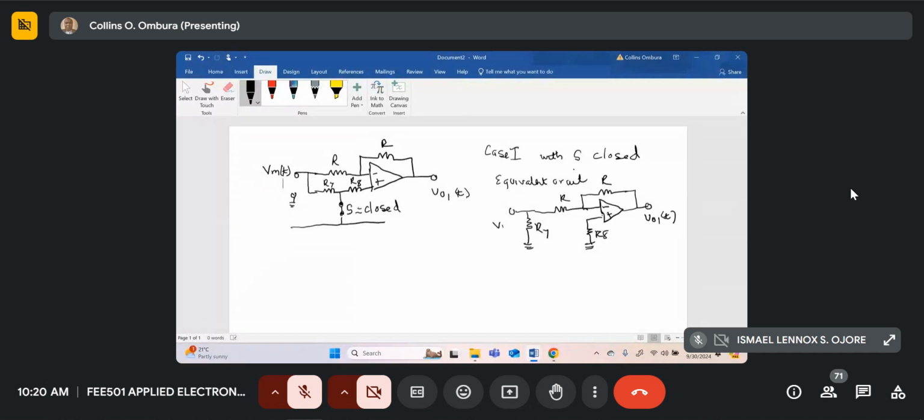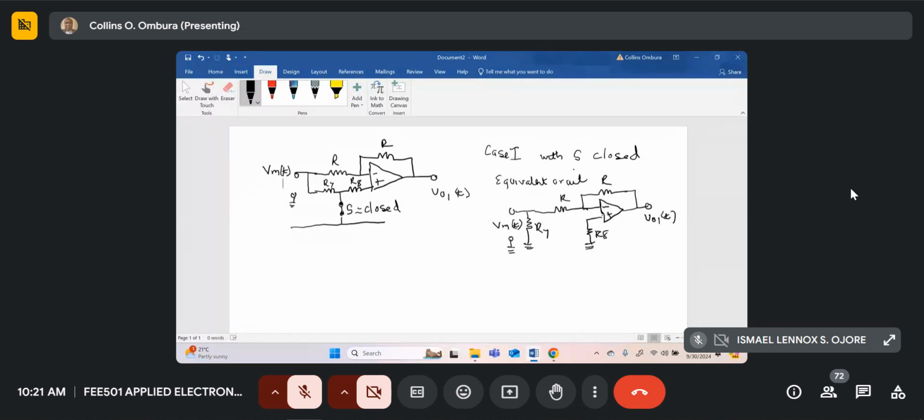And the VMT is our input with respect to the ground. So if you look at this circuit, so long as the internal resistance of our source VMT is less than R7, and here I'll assume VMT is an ideal voltage source, then R7 does not affect it.